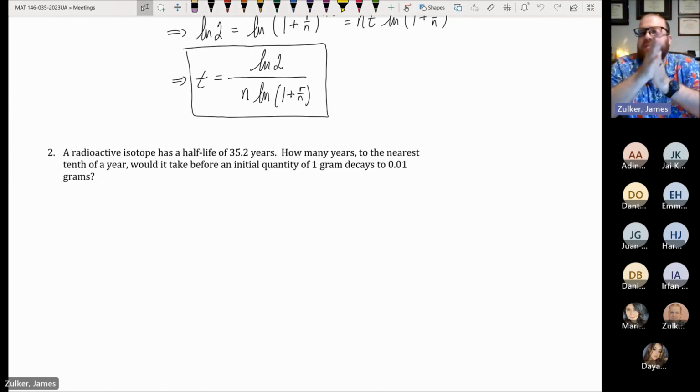Right? You might even find some that have exactly half a gram, but that is probably not going to happen. That's pretty rare. Because quantum mechanics is weird.